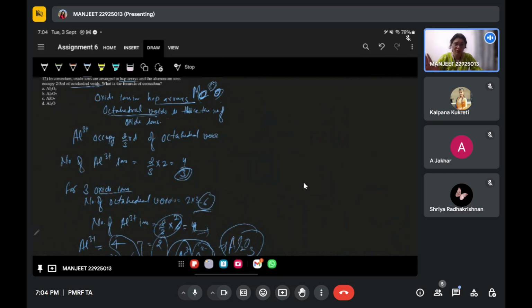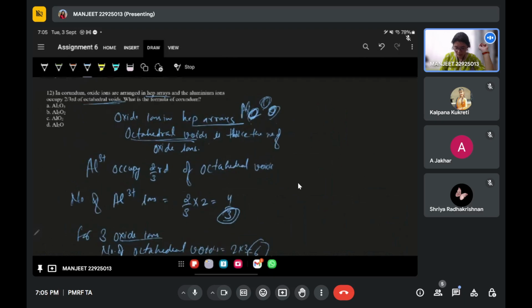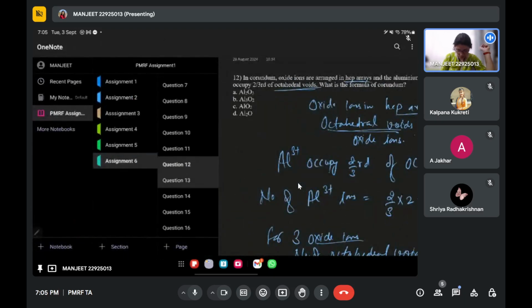First you have to find out how many oxygen ions there are and how they are arranged, how many octahedral voids are present, and how the aluminium cation is arranged in the octahedral voids, so that you can calculate the stoichiometry of this aluminium oxide. So this is all about question number 12. Let's move to question number 13.